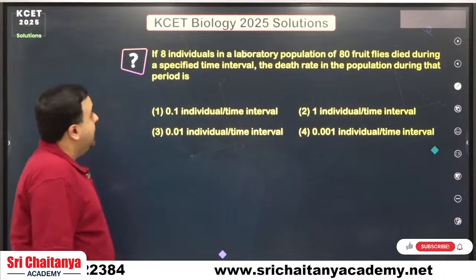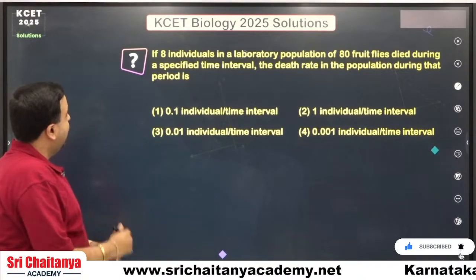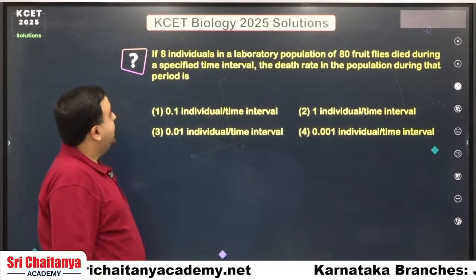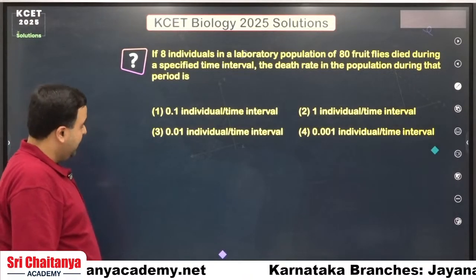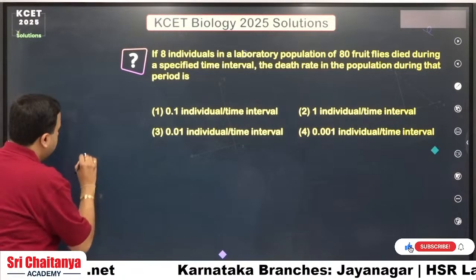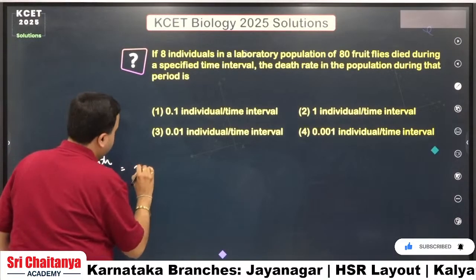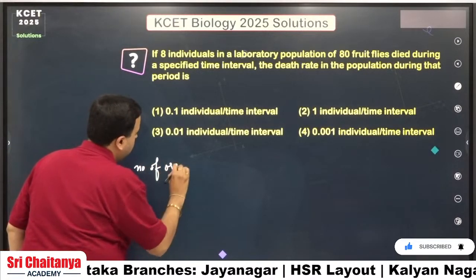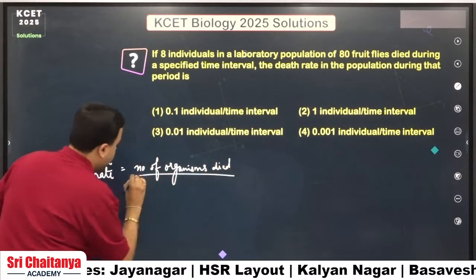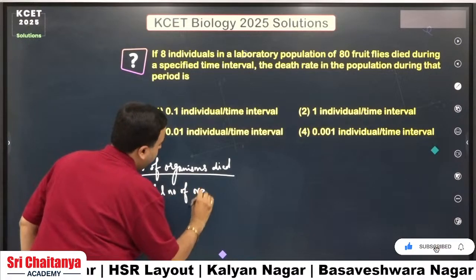Next one. Now, this is a question from the chapter Organisms and Population. It says that 8 individuals in a laboratory population of 80 fruit flies died during a specified time interval. Now, we have to calculate what is the death rate. So, here the death rate is given by the simple formula, that is number of organisms died divided by total number of organisms.